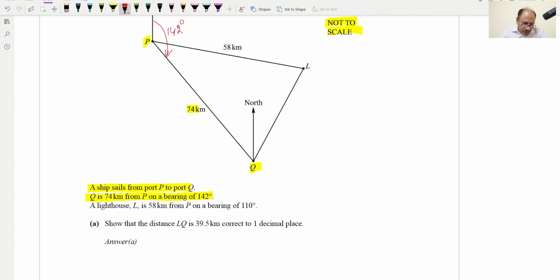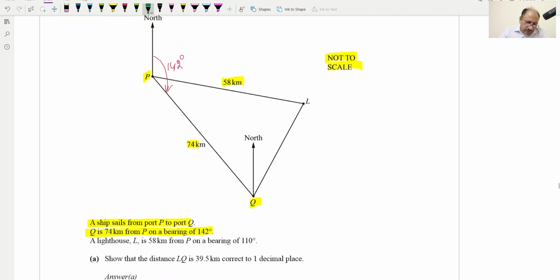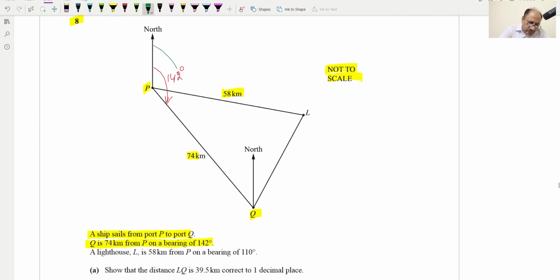Then a lighthouse L is 58 kilometers from P on a bearing of 110. The bearing of 110 also they have not mentioned. We can understand this will be a bearing of 110 degrees. So this is also data we have incorporated.